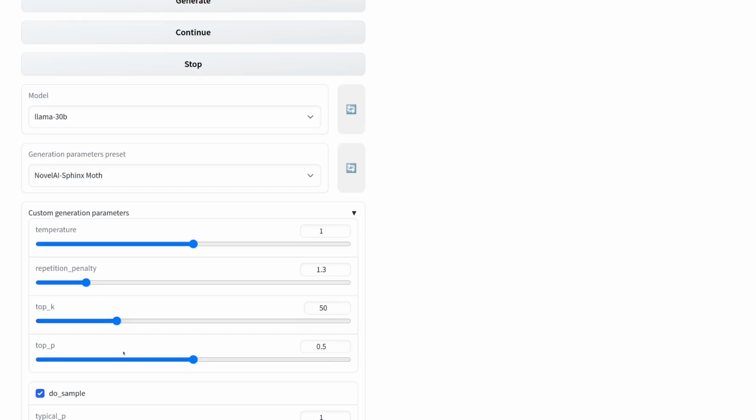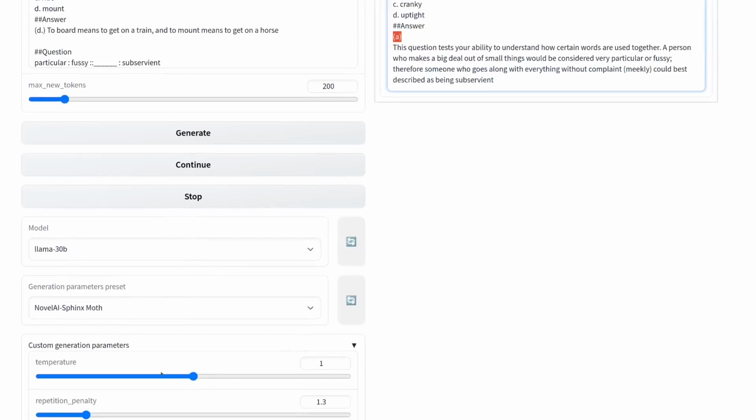So all of these kind of reduce the tokens that are being selected in a way to increase the amount of tokens with a high probability, but also add a little bit of randomness so that we get something that is more in line with what a human would respond with.